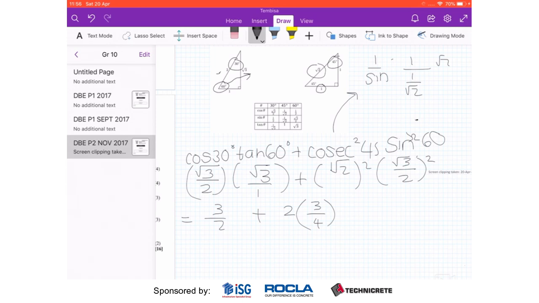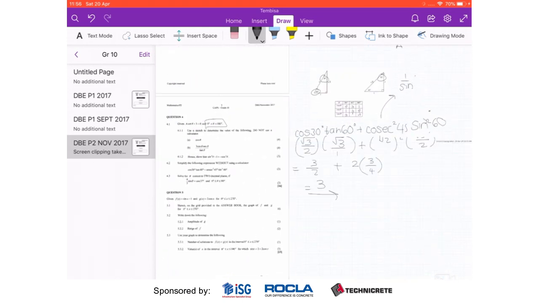So just put it all straight into your calculator, and we get an answer of 3. Okay, so that is special angles, special triangles.